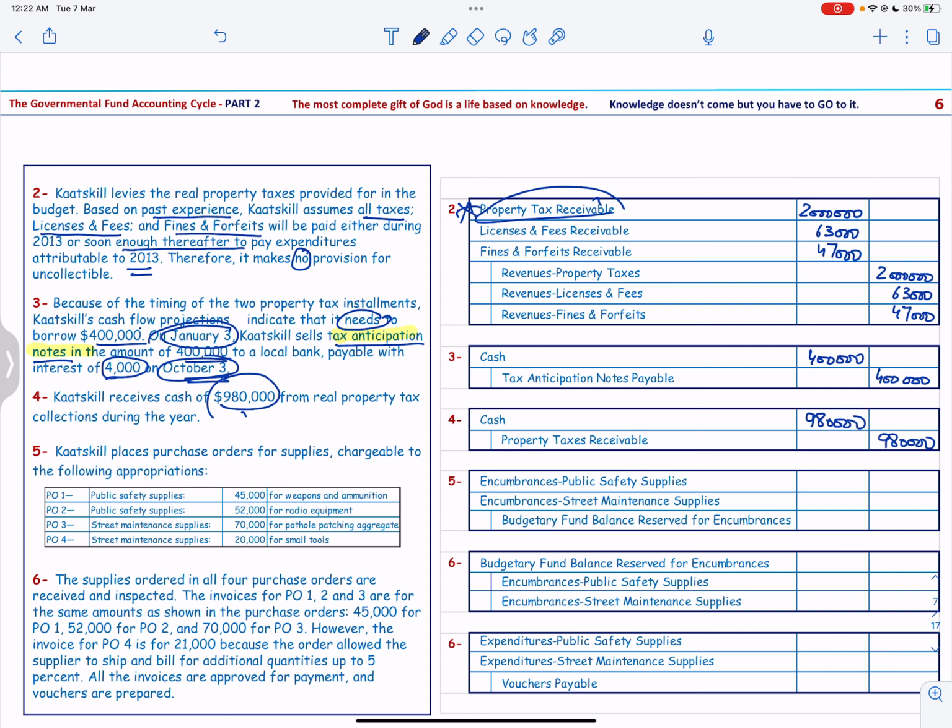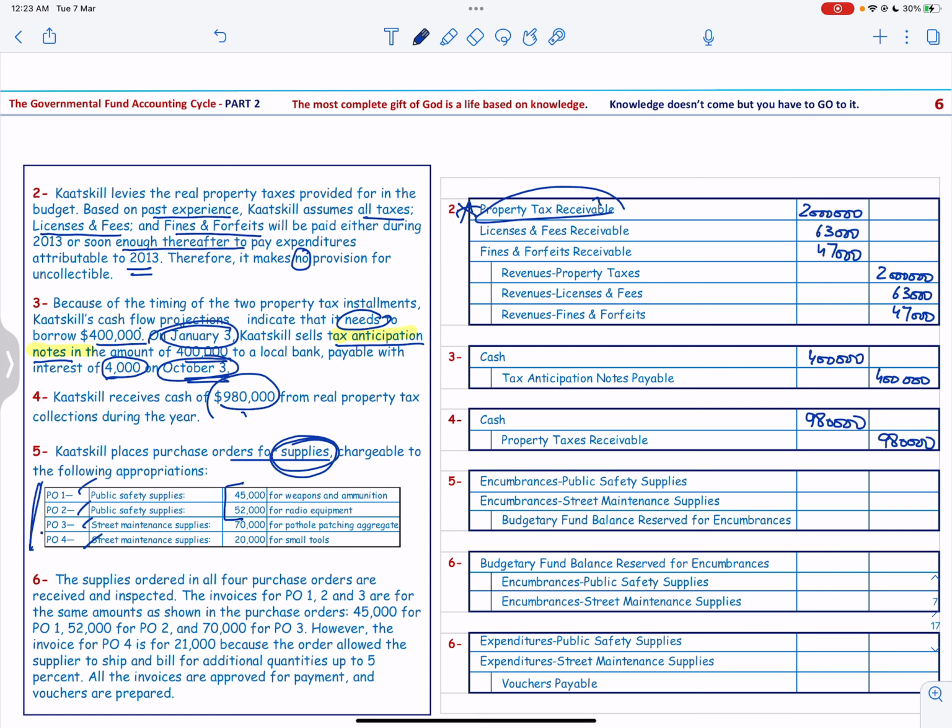Then Catskill places purchase orders for supplies chargeable to the following appropriations, and there are 4 purchase orders. When there are purchase orders against appropriations, we are going to first of all record the encumbrances for purchase orders 1, 2, 3 and 4, and the budgetary journal entry will be encumbrance public safety supplies is debit, and both of them are for public safety supplies.